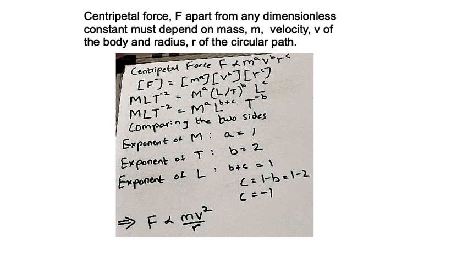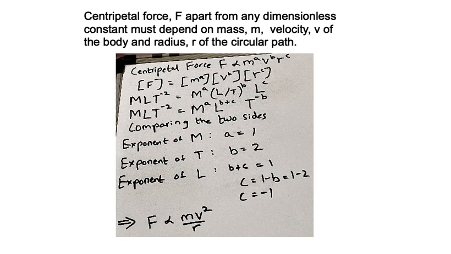So this centripetal force F, apart from any dimensionless constant, must depend on the mass m of the object that is attached at the end of the string, the velocity v of the object as it's going around in a circular path, and the radius of the circular path. So let's start with this.